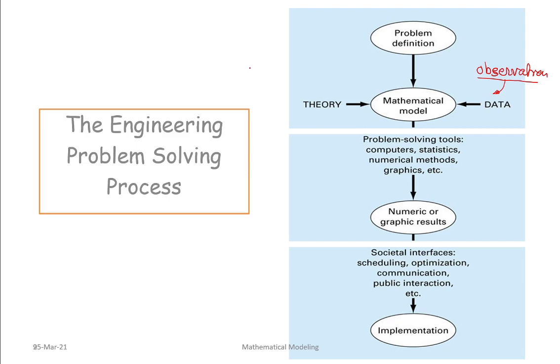So there may be theories one, two, three, four. Out of that, I will decide which theory matches with this data, and then I will use this mathematical equation and go on solving it.